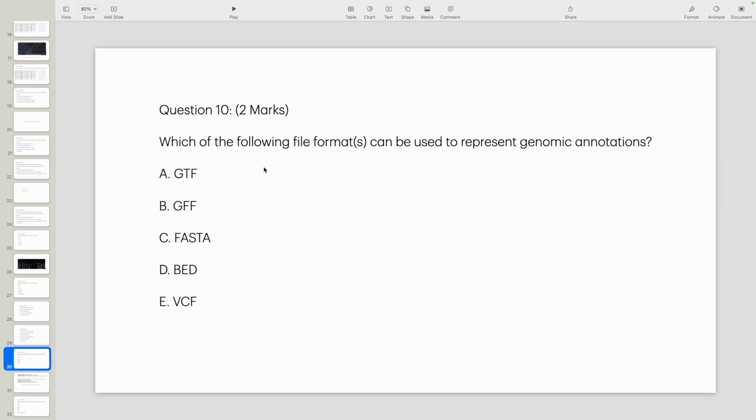Which of the following file formats can be used to represent genomic annotation? GTF file, GFF file, FASTA, BED, BCF. Please try to answer this question. We have already looked at two files. Is there any other file used to represent genomic annotation apart from the two that we have looked at?